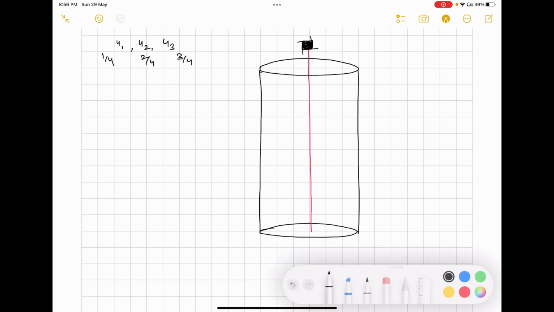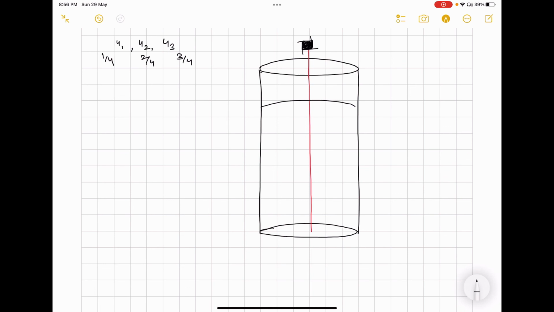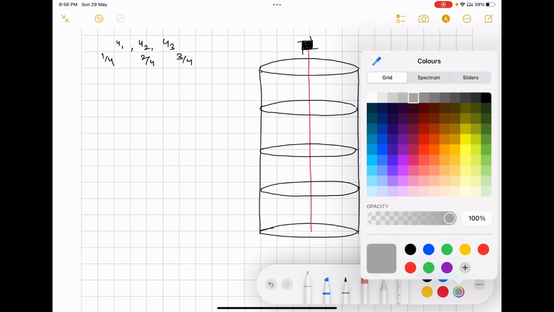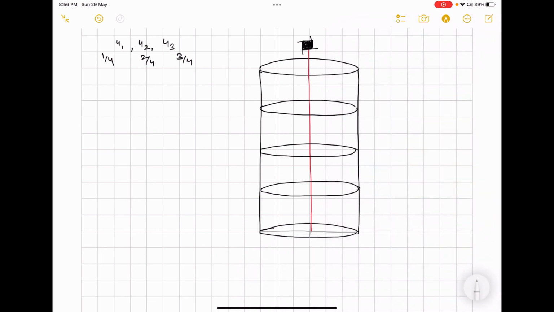Now let us draw the middle planes as well, and divide each plane into 4 sections. Now let us draw a screw of pitch 1 by 4.